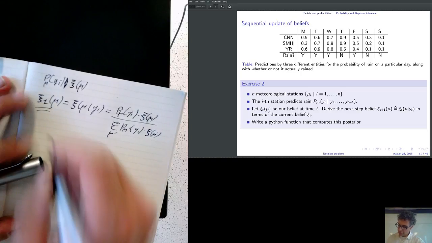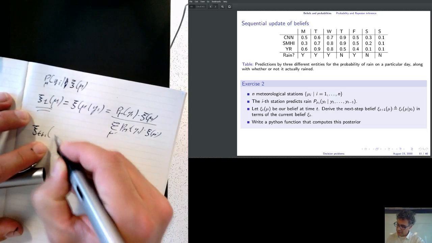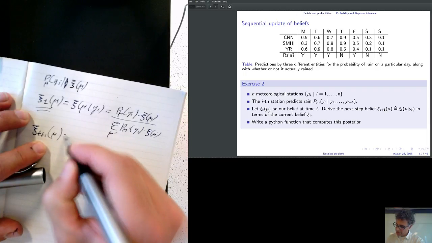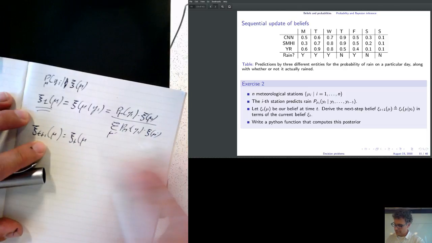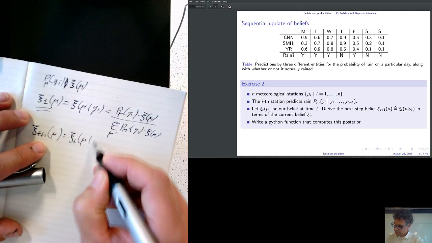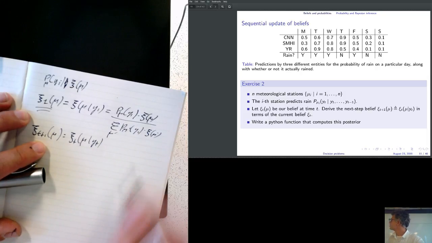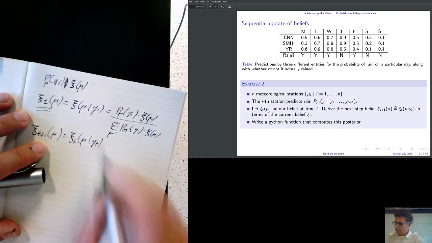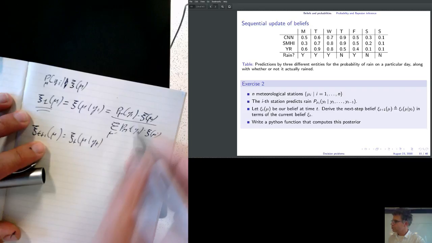In general, the next step probability is always basically like this, more or less. So you just update your belief at every step by using your previous step belief and doing this calculation here.